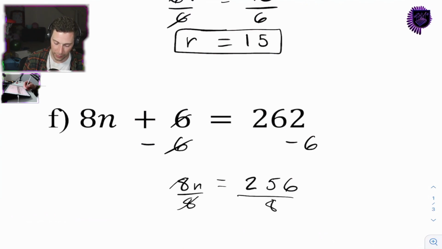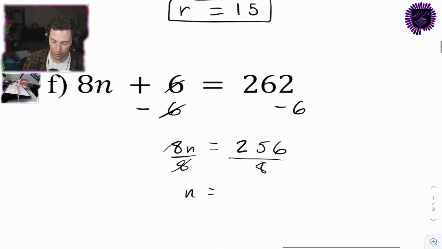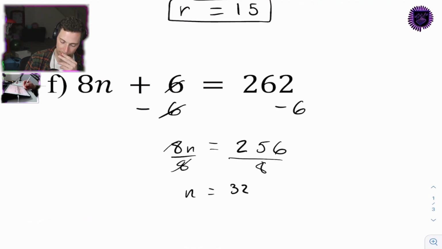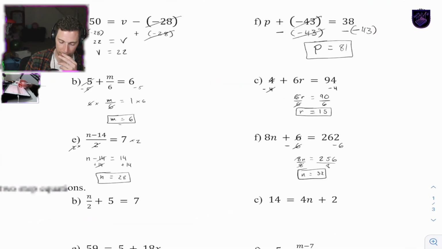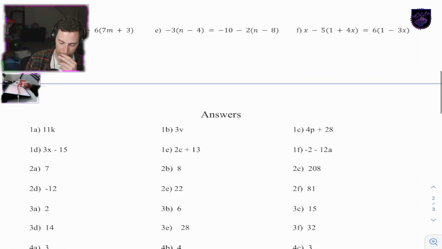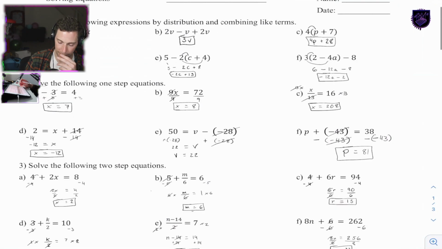That cancels out, leaving us with n is equal to, oh goodness. Does 8 go into 200? No, 8 goes into 240. 30 times 8 is 240, so 32. N equals 32. Yeah, 32. All right.